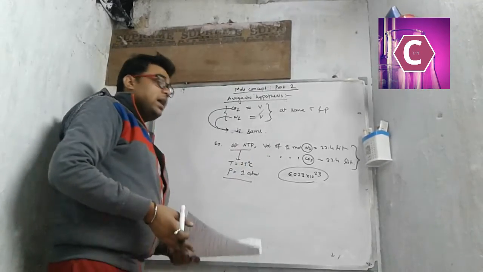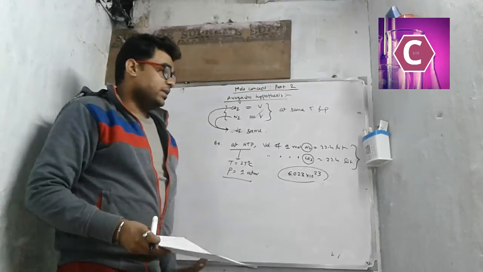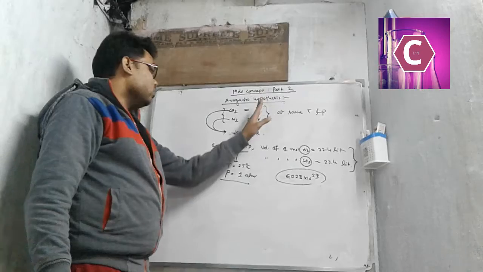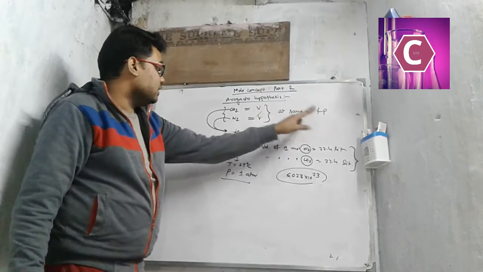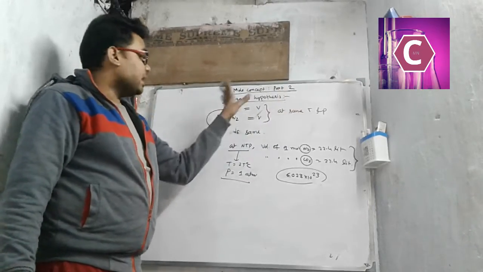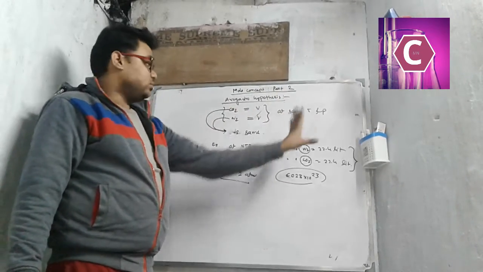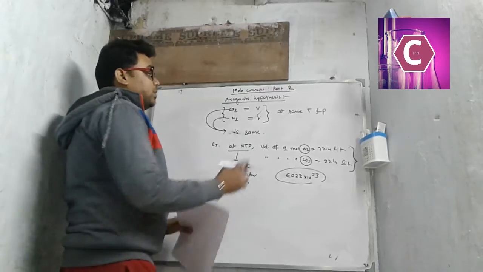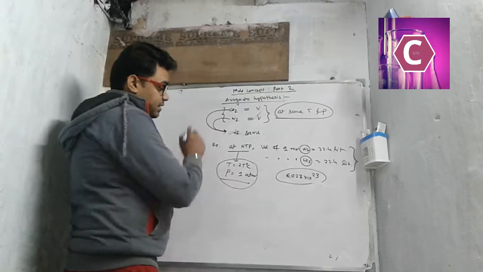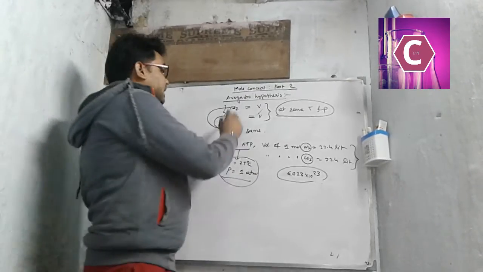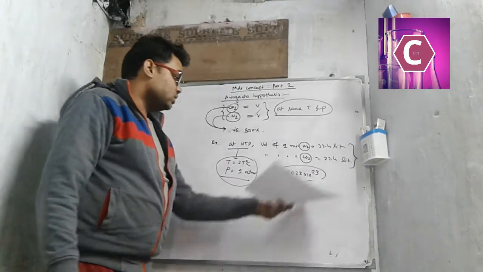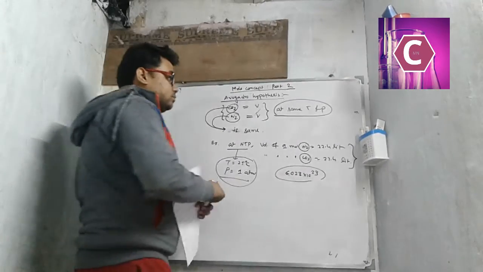And both N2 and CO2 contain the same number of gas molecules, and this is the Avogadro hypothesis: at the same volume, same temperature and same pressure, all gases have the same number of gas molecules. If the temperature and pressure are kept at normal condition, that means at 25 degrees centigrade and 1 atmosphere pressure, and the gaseous substances are taken as 1 mole, then this number becomes equal to the Avogadro number.